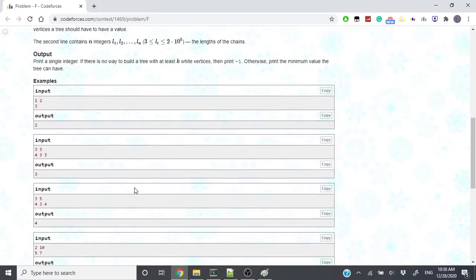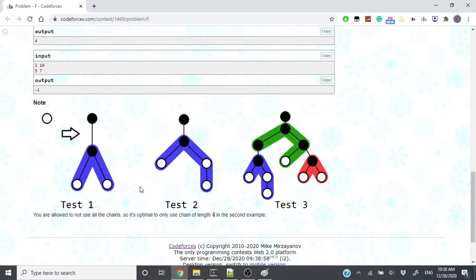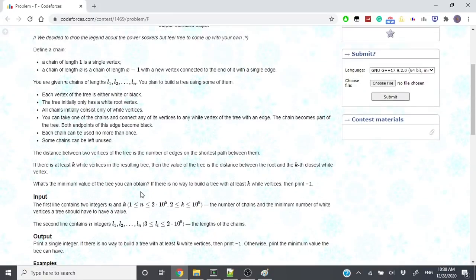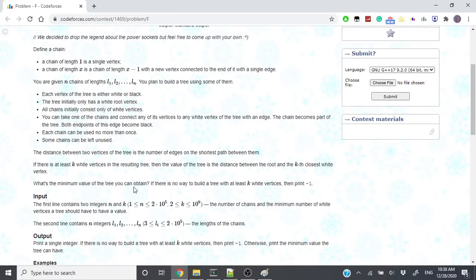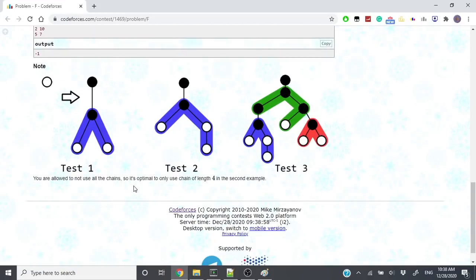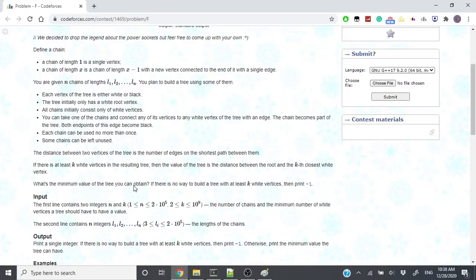I'm guessing they mean vertical chain. No, it's not. Okay, it's not. It's just a path? Like they say you have to have a path of length n or something? You're allowed to not use all the chains, so it's optimal to use only chain of length 4. Okay, what? So you're given n chains of certain lengths. Wait, so they just inductively define a path.